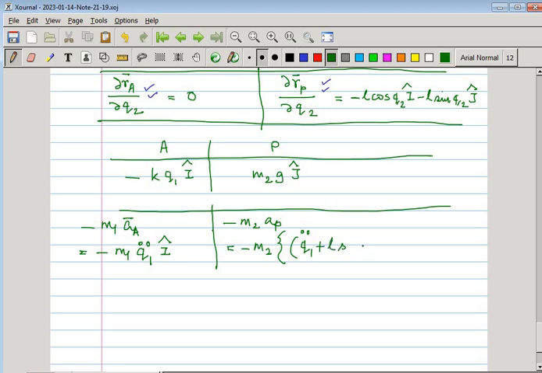So I am writing S for sin to accommodate it in this small space, and C for cos.